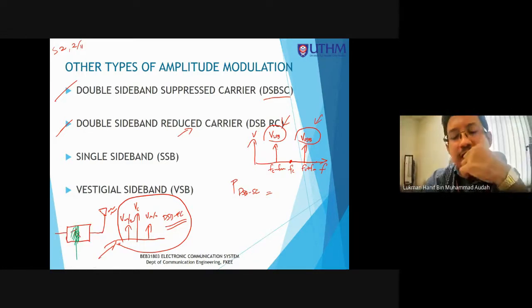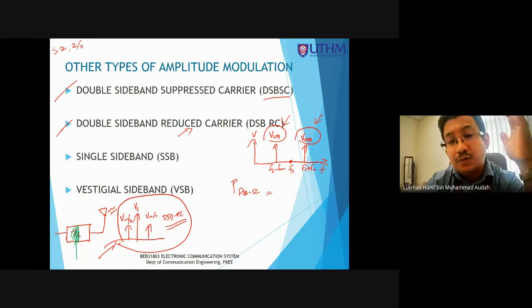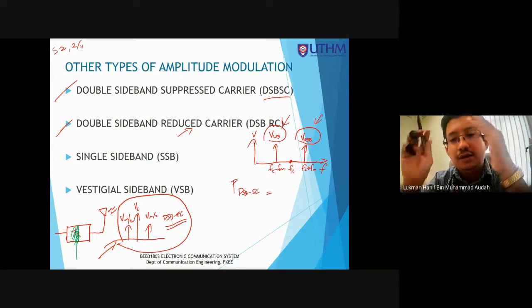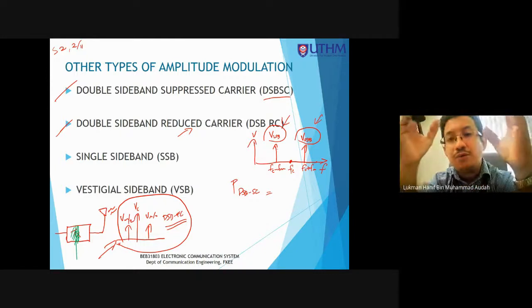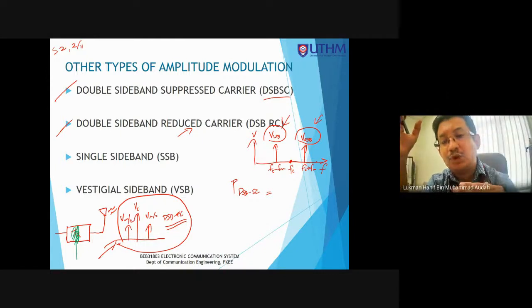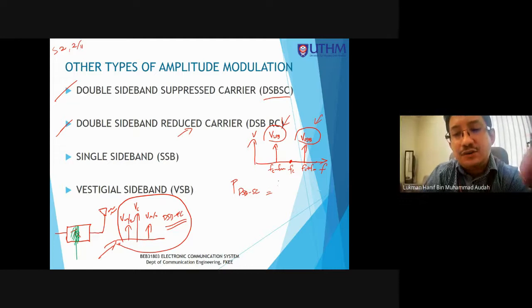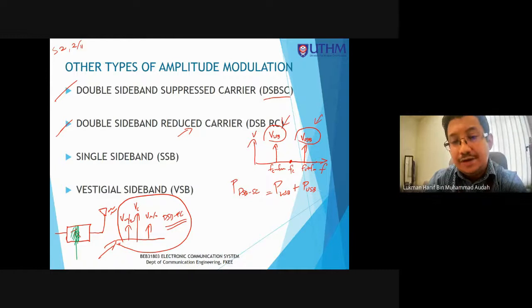When we want to calculate the power, we will sum up all the frequency components. In double sideband suppressed carrier there are only 2 components, which are the lower sideband and the upper sideband. So there's no carrier component. Carrier component has been suppressed completely. So in this case, the total power is PLSB plus PUSB.